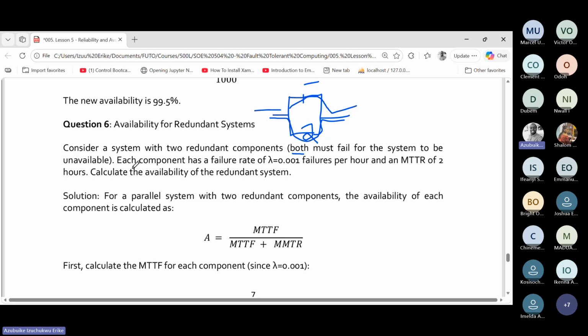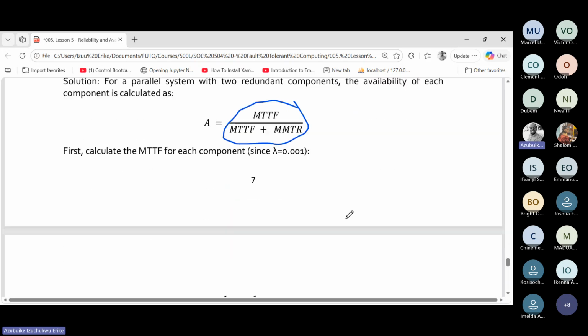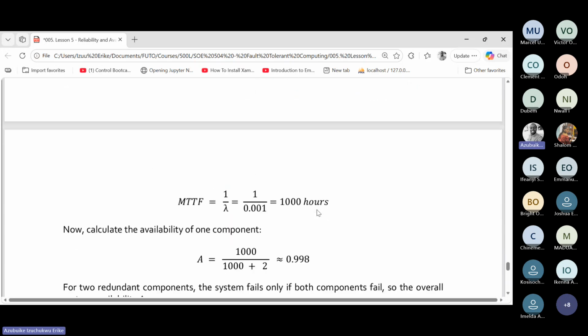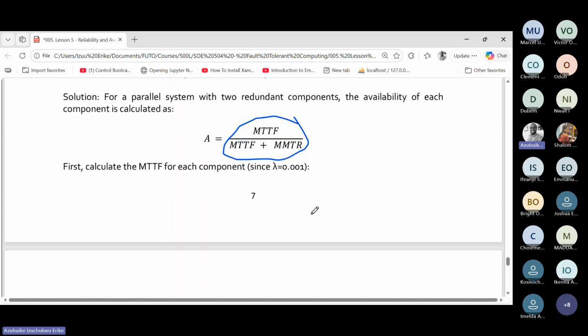Okay. Now it says that each component has a failure rate of this per hour, and a mean time to recover of this. It says calculate the availability of the redundant system. Now, what is the solution? For a parallel system with 2 redundant components, we first compute the availability of each component.